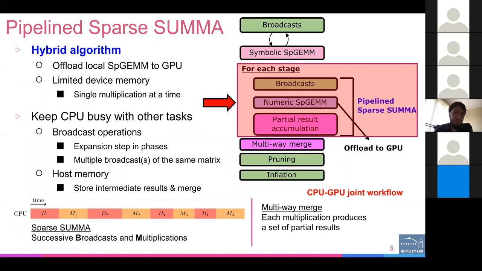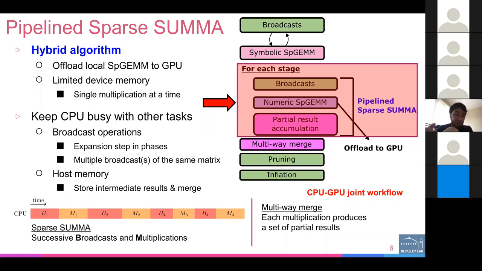We naturally offload the most computationally expensive component, the numeric multiplication, to the GPU, and hold the CPU responsible for communication and partial result accumulation. Note that the sparse SUMMA algorithm proceeds in stages. Hence, while the GPU is busy performing the multiplication of the current iteration, the CPU can proceed to the next stage and prepare the matrices for the next multiplication that's going to be used in the next iteration.